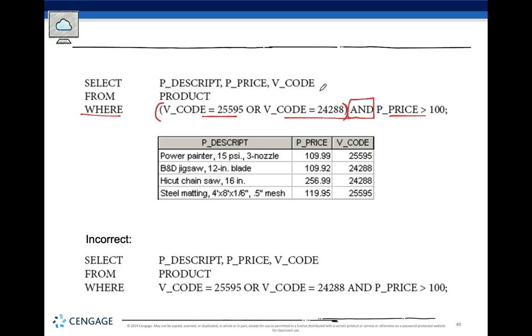It's just like you would do in algebra. Notice that without the parentheses, you would not get back the correct results. So this use here without the parentheses is incorrect. Okay? So you always want to be clear about what conditions you want to specify and how you should specify them. Okay?